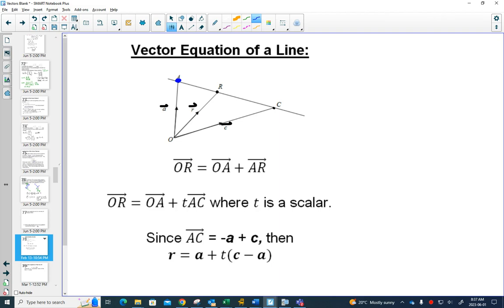If you have the vector A and the vector R, they can get you the vector AR. We can do that by going minus A plus R. So A to R would be minus A plus R, and we will call that our direction vector.